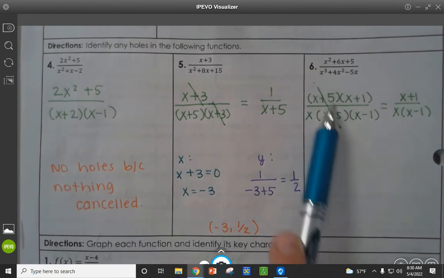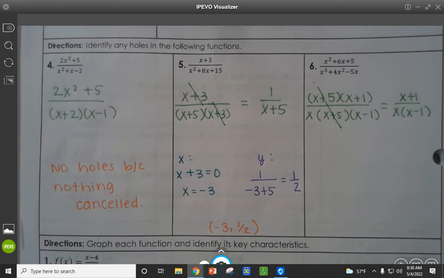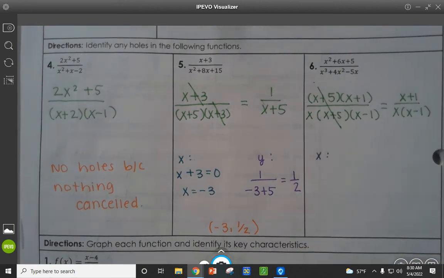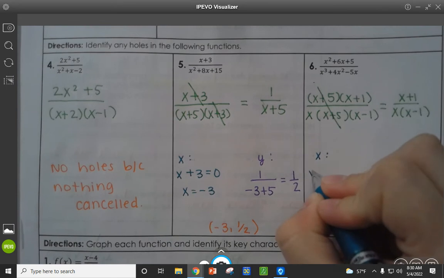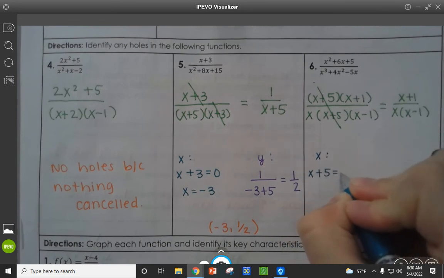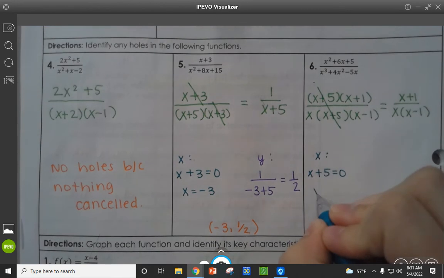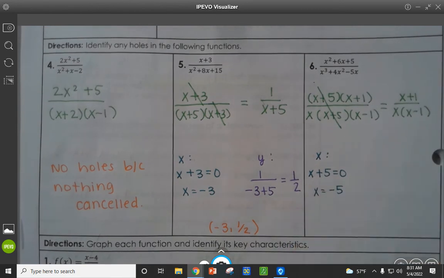So this that was crossed out, basically think we're taking that out of the function. So that is a hole because we're removing it from the function. So my x value, I'm going to do x plus 5 equals 0. So x equals negative 5.